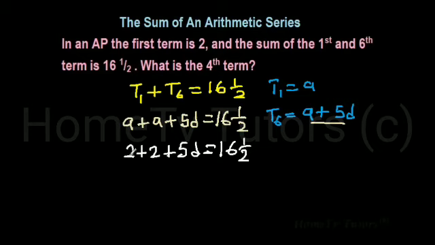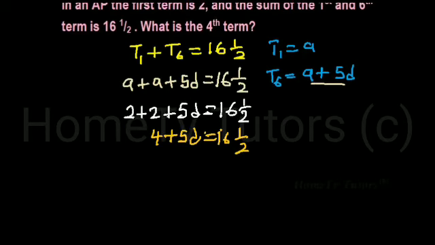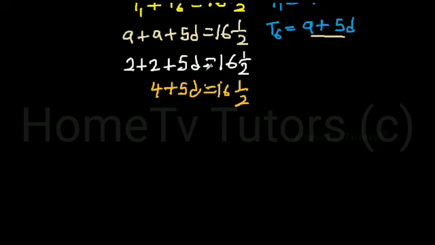So now we have 2 plus 2, which will give us 4. We have 4 plus 5d equals 16 1 over 2. Alright, so if we now subtract 4 from both sides of the equation, we have 5d equals 16 1 over 2 minus 4.